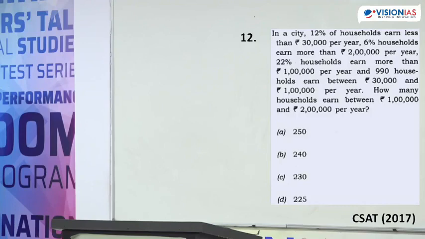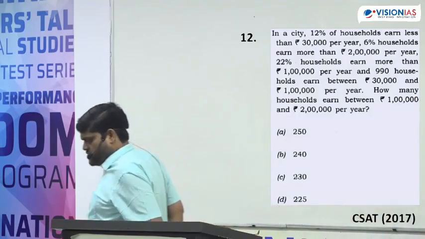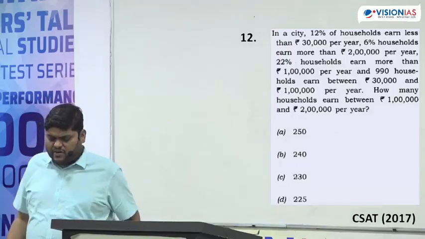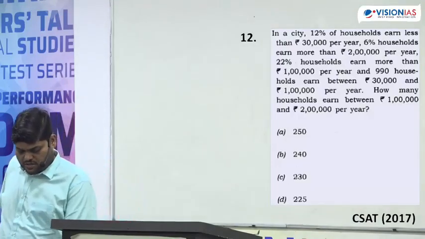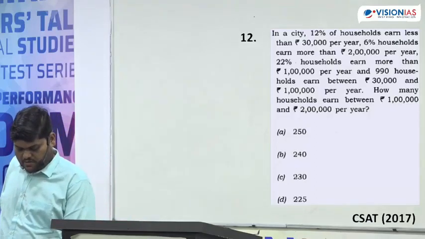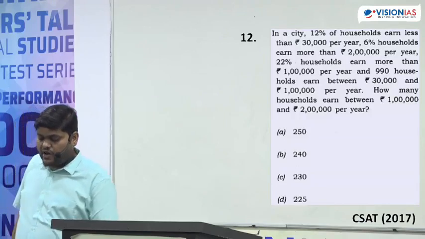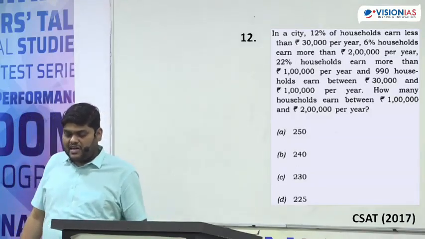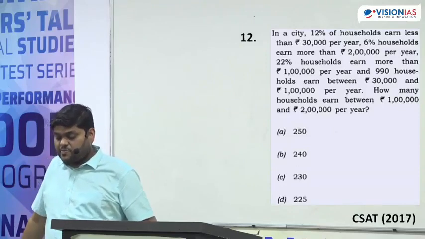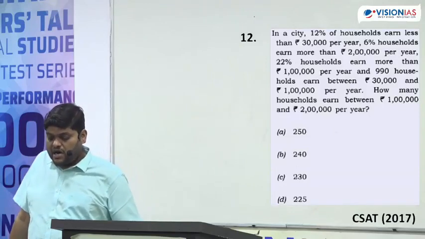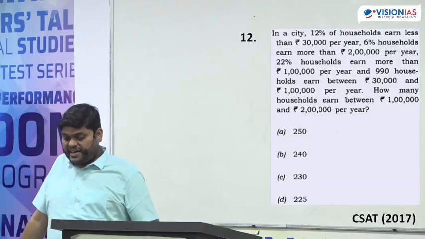Okay. So if you see, this question is a little bit lengthier one. The question is, in a city, 12% of households earn less than rupees 30,000 per year. 6% of the households earn more than 2 lakh per year.